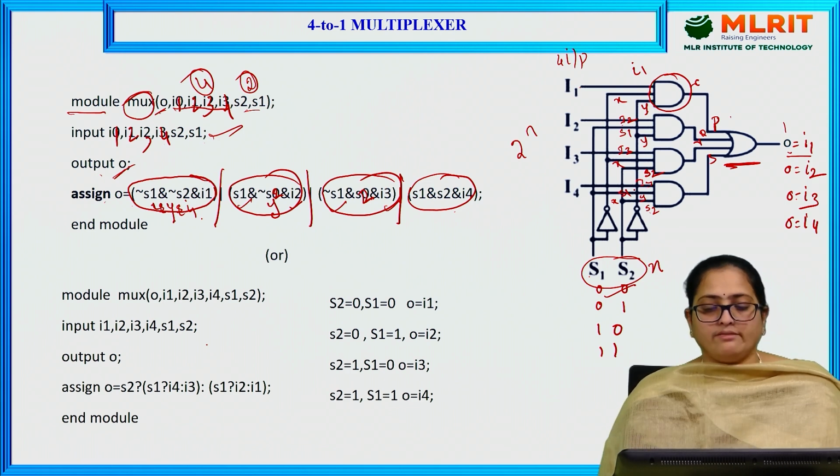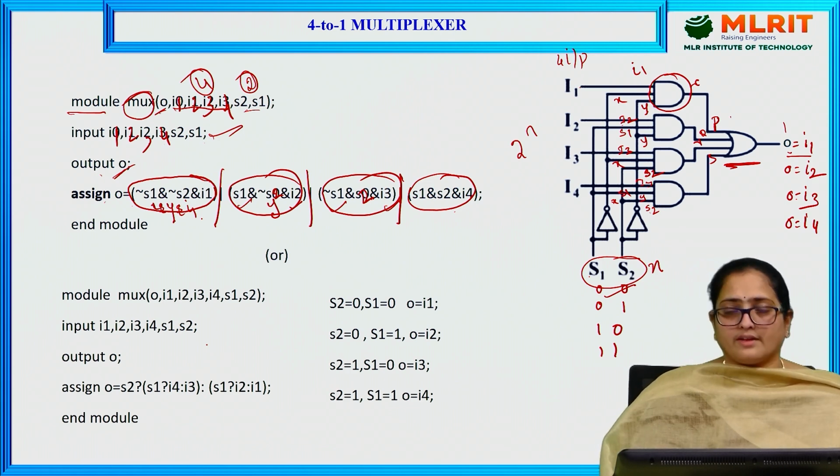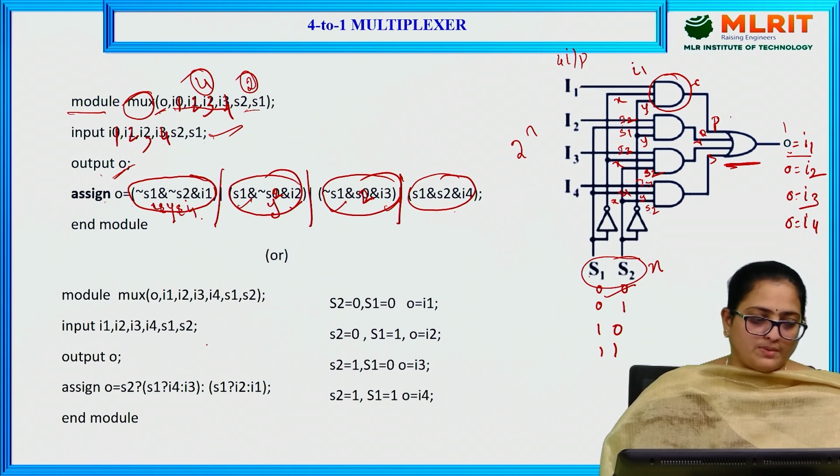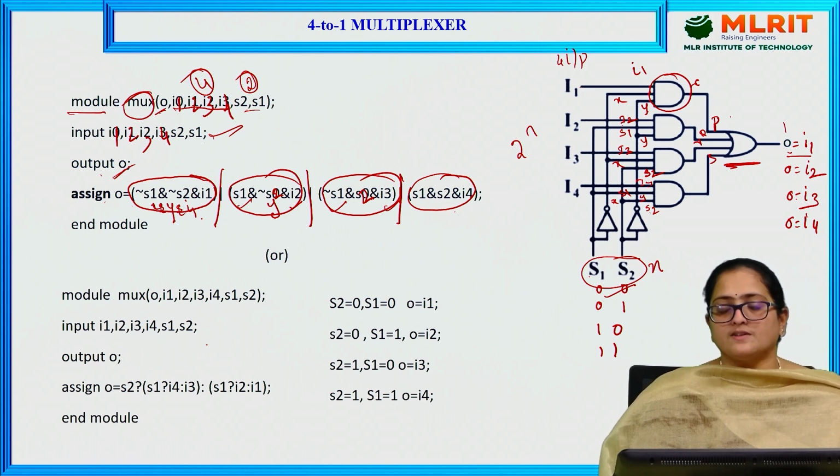This is how you can write a Verilog code for a 4:1 multiplexer using a continuous assignment statement.